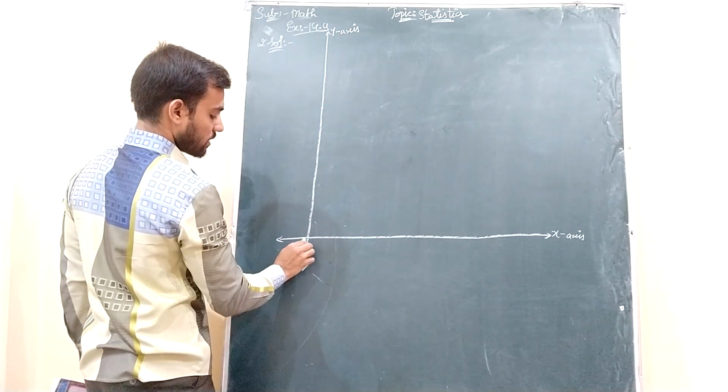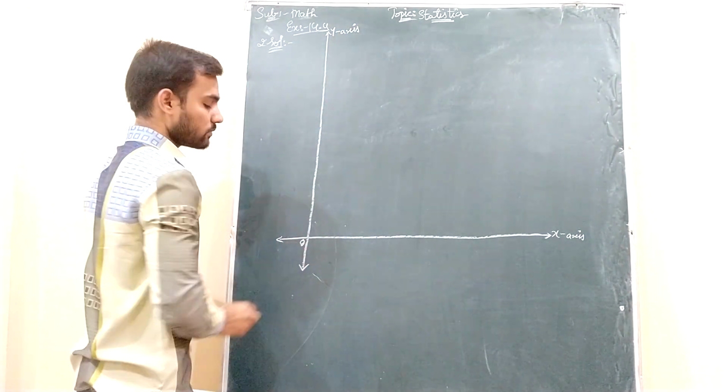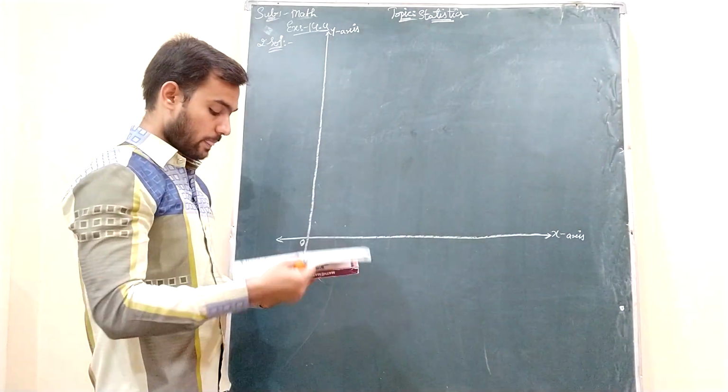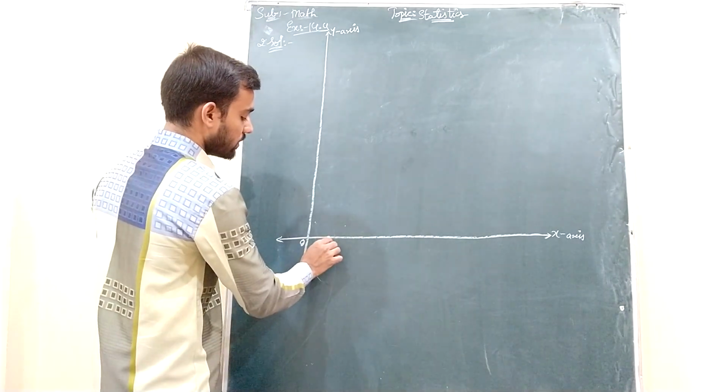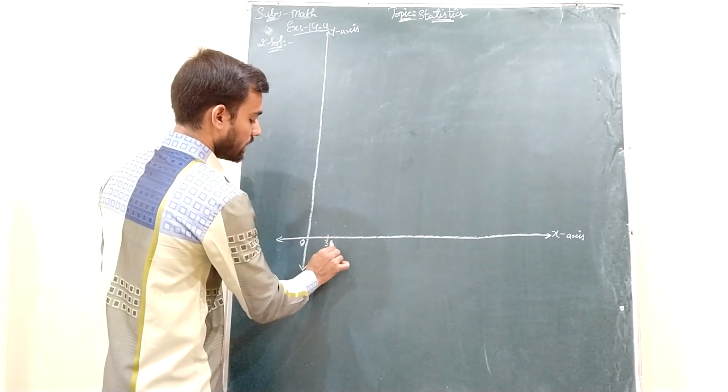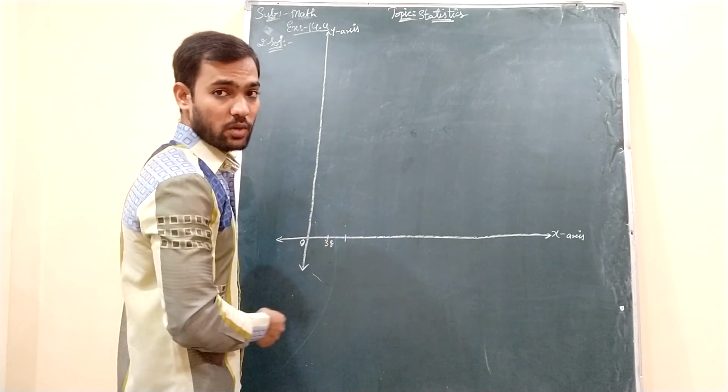This starting will be 0. Then we will proceed to mark the class intervals over here. We'll start with 38 as per our problem.